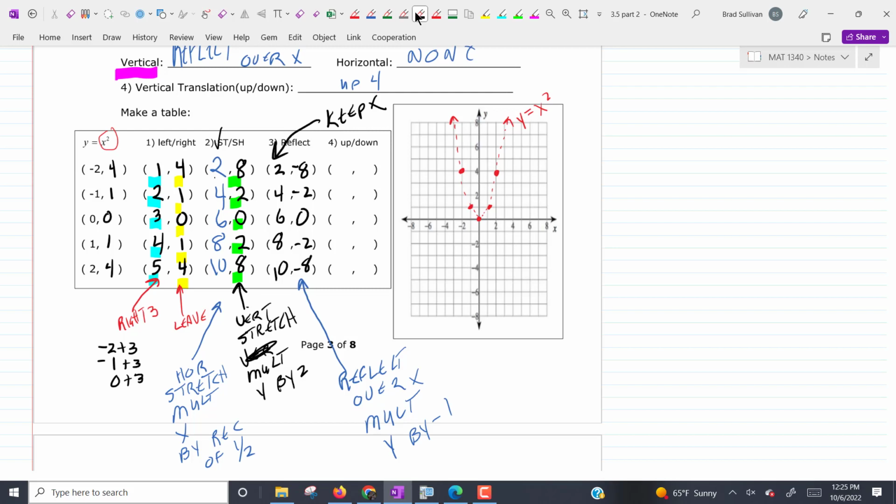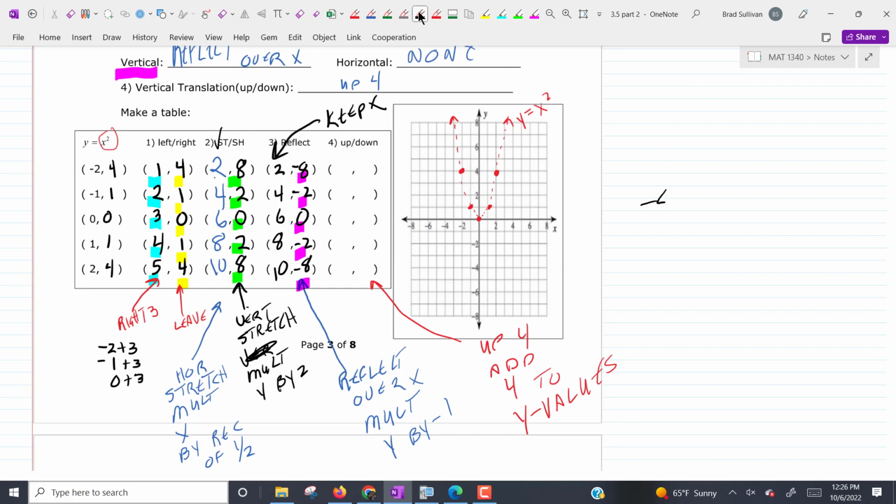The last thing we did was we went up 4, so that's going to add 4 to your y values. That's why you're going up, because the y values get bigger. I'll highlight this in a color right there. These y values that I'm highlighting in purple, just in your head, add 4 to the y value.